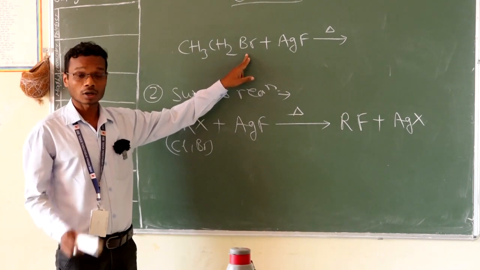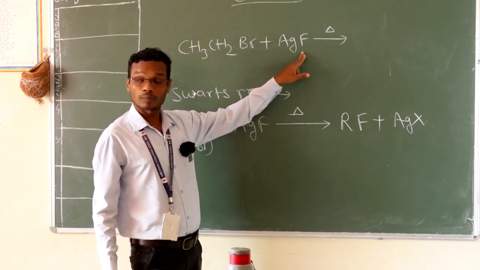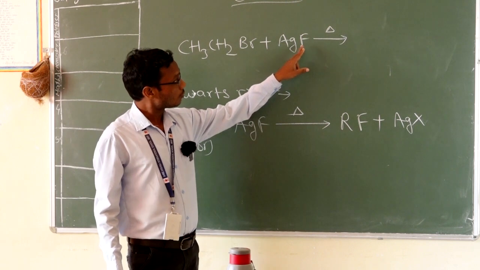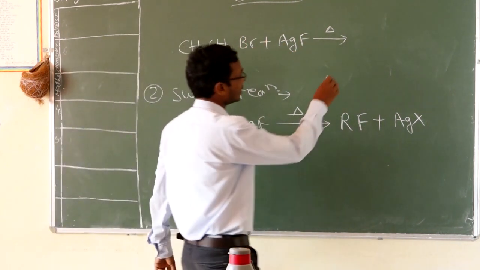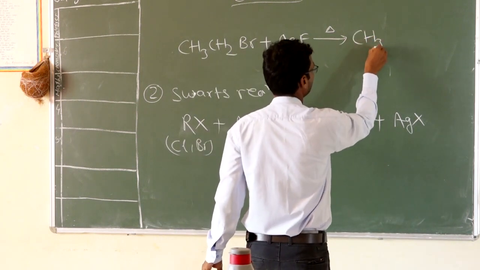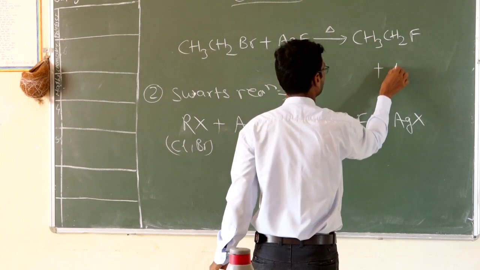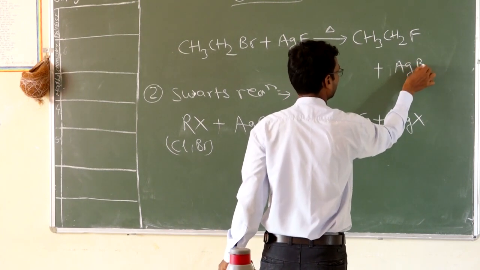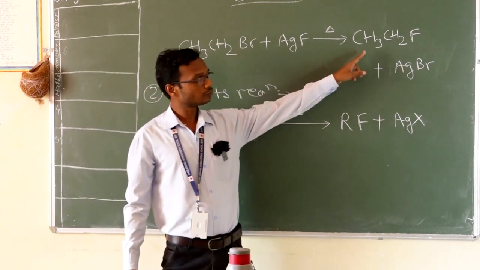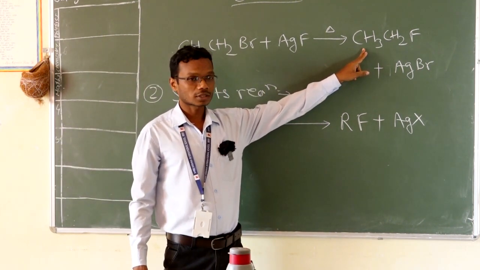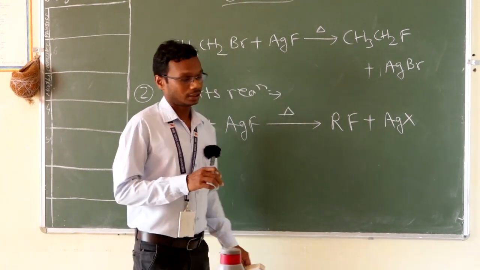It may be bromine or chlorine, not other halogens, and it reacts with silver fluoride. So fluorine substitutes this bromine and the compound becomes CH3CH2F plus AgBr. What is the name of this compound? Fluoroethane.